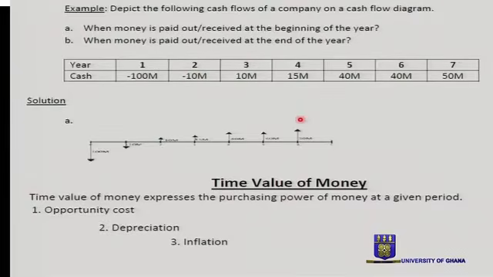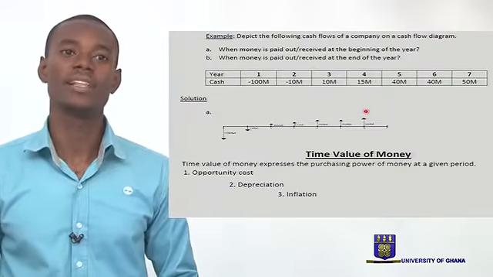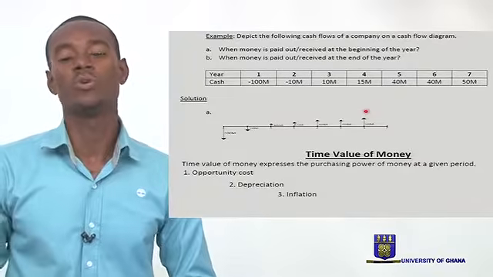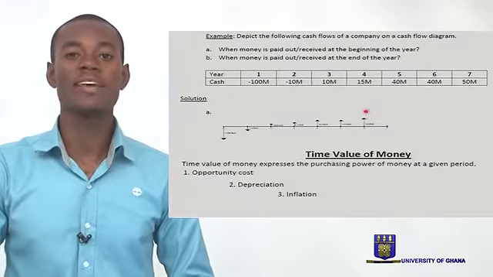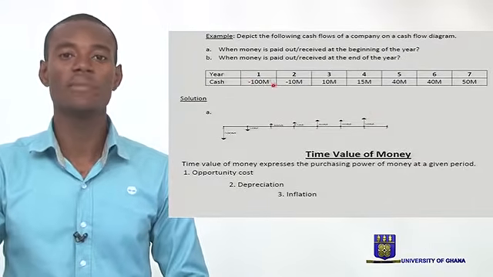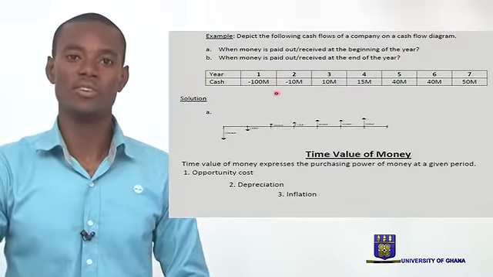Where you have the negative, it is just another way of saying that that is an outflow, right? That is some money leaving your coffers. The positive value is what we call the inflow. In some books, you would find that these values are written in parentheses, indicating that they are values that are leaving your coffers.